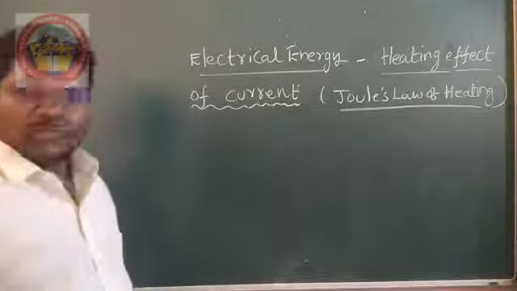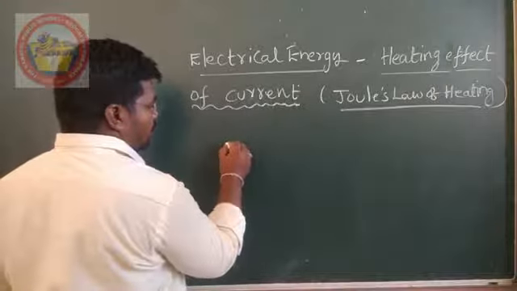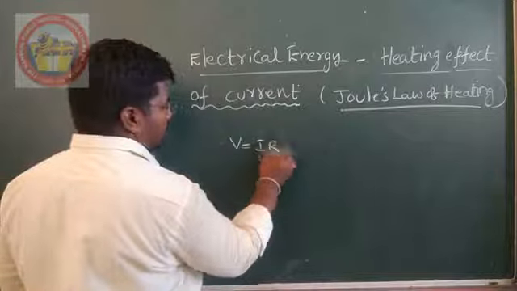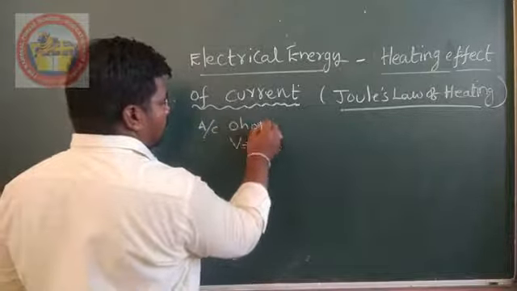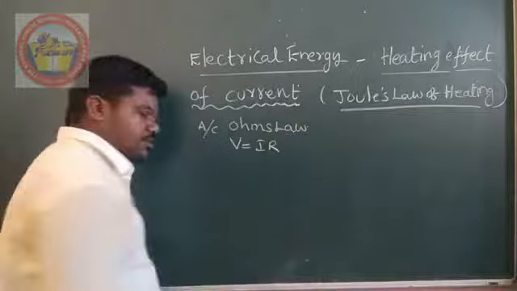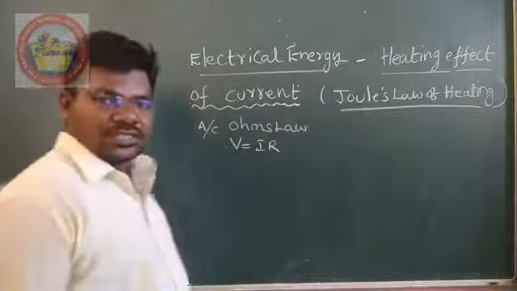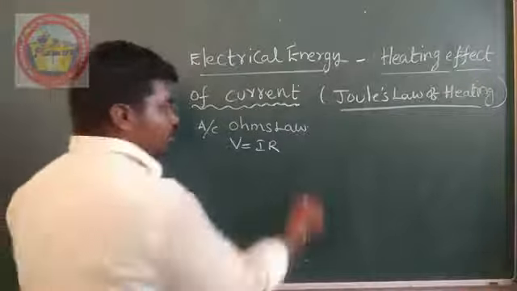From Ohm's law, V is equal to IR. We also know that V, the potential difference, is work done per charge.